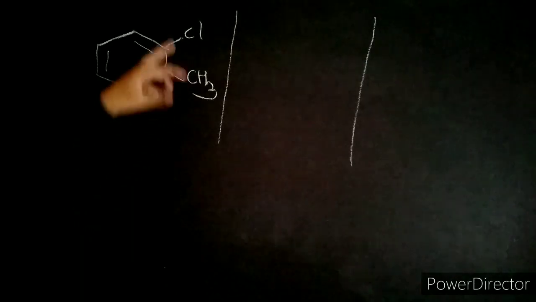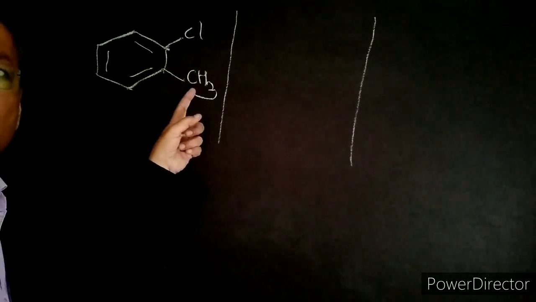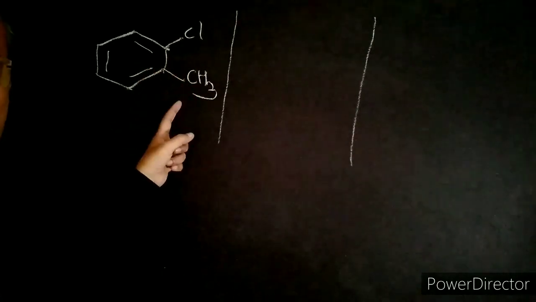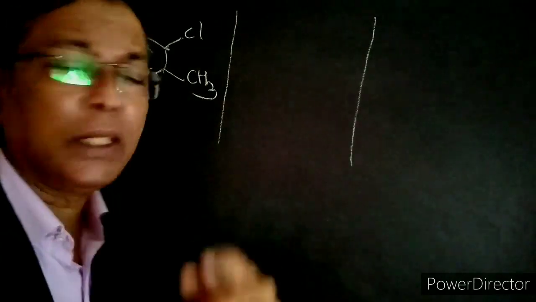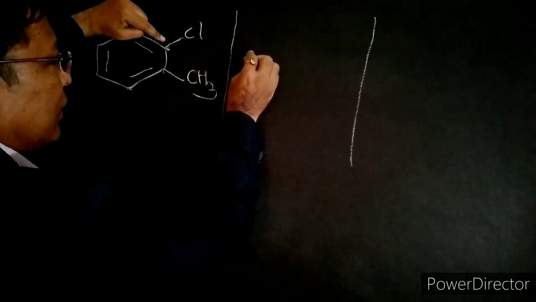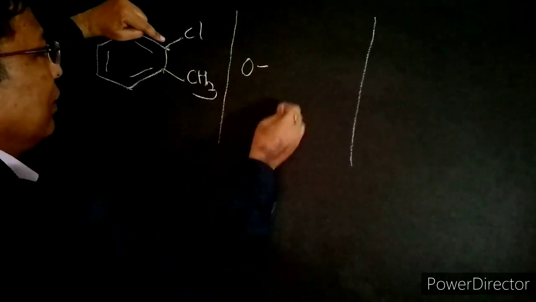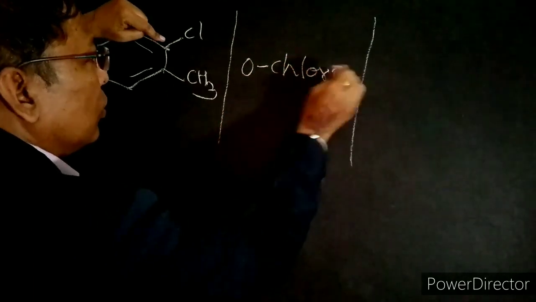The next compound is benzene with CH3. This is considered as a parent, called toluene, and this position is the ortho position. Therefore, in common naming, it is ortho-chlorotoluene.